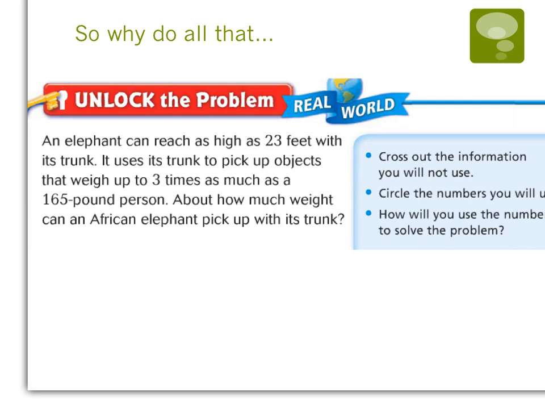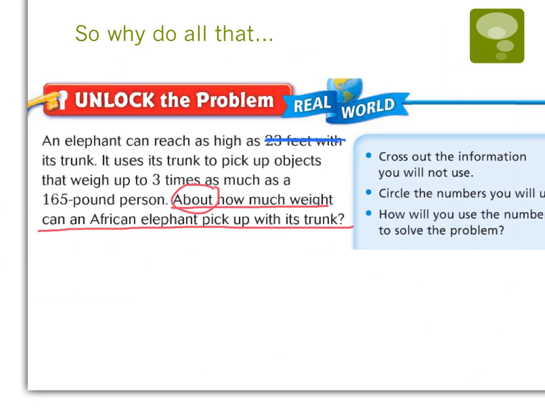I need to know about how much weight can an African elephant pick up with its trunk. That word "about" tells me this is an estimation problem. In this case, the fact that the elephant's trunk can reach 23 feet is unnecessary information.